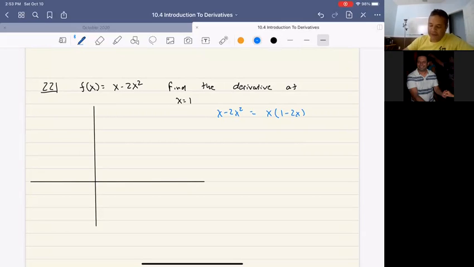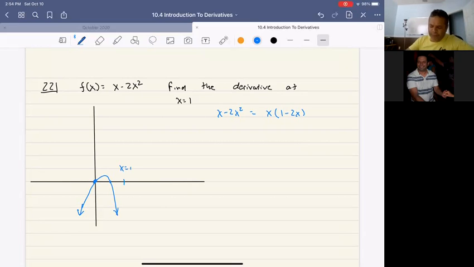Think back to college algebra a long time ago, I know. The zeros are 0 and 1/2. It's a parabola shaped down, so it will look something like this.